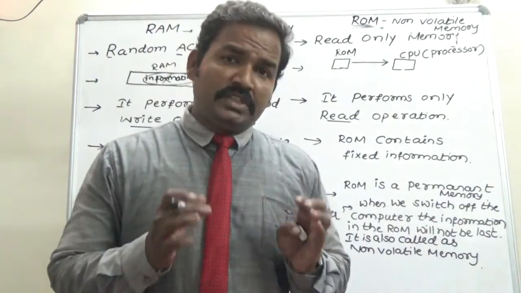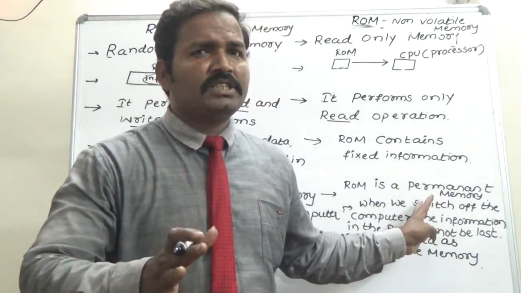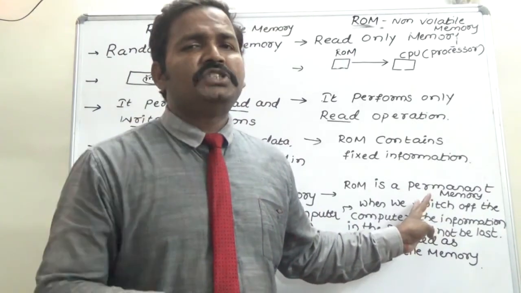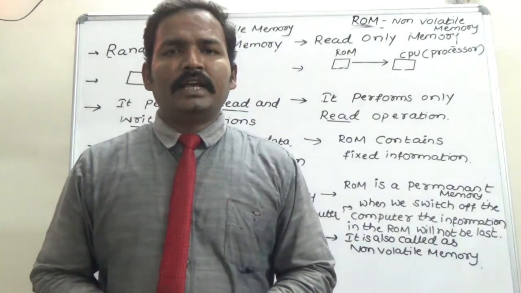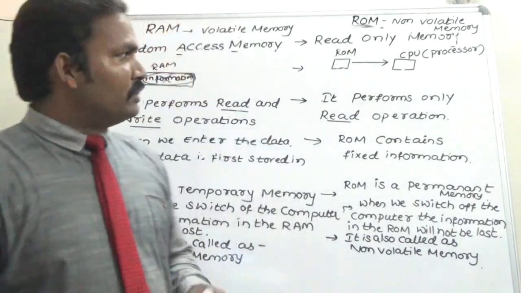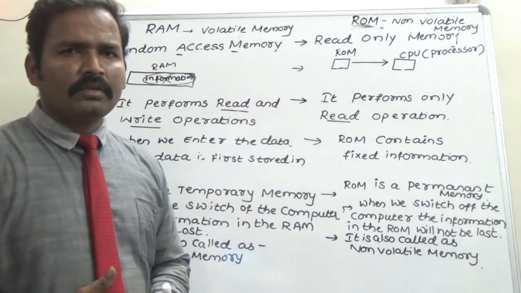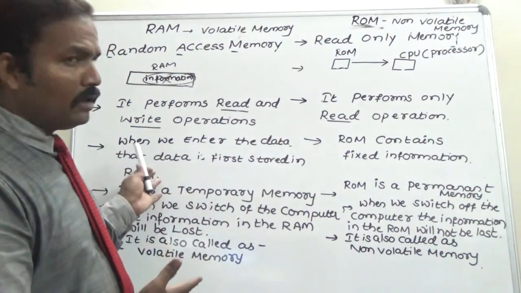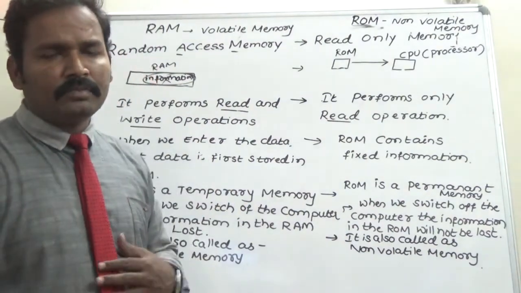ROM contains fixed information. The information in the ROM will not be changed. So it is a non-volatile memory. So this is about RAM and ROM, and we covered the differences between RAM and ROM also.